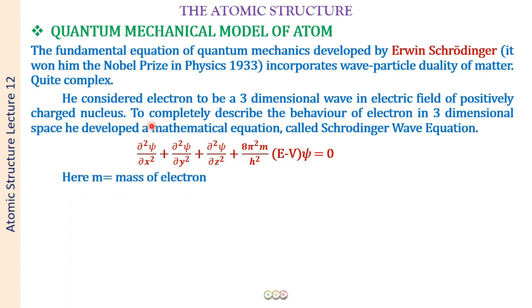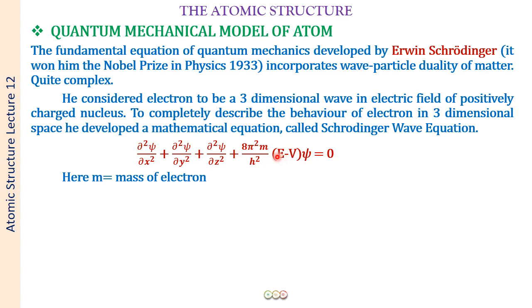We have del square psi over del x square plus del square psi over del y square plus del square psi over del z square plus 8 pi square m over h square into (E minus V) psi. This sign which you are seeing for the first time is called psi. So let us see what all these mean in this equation.